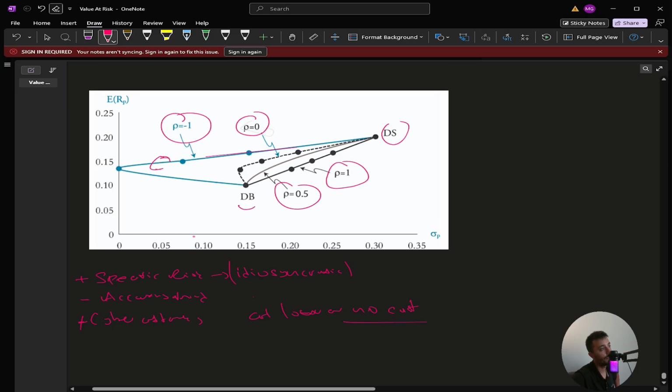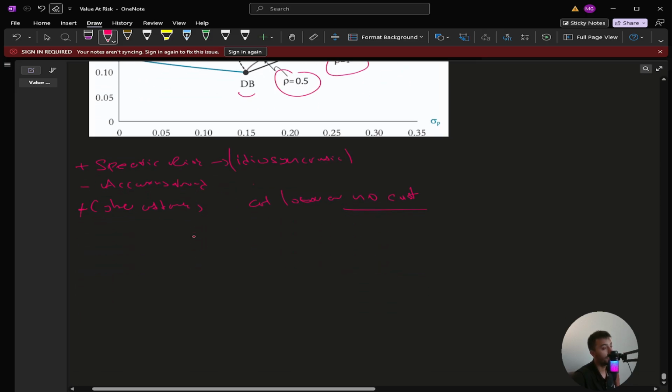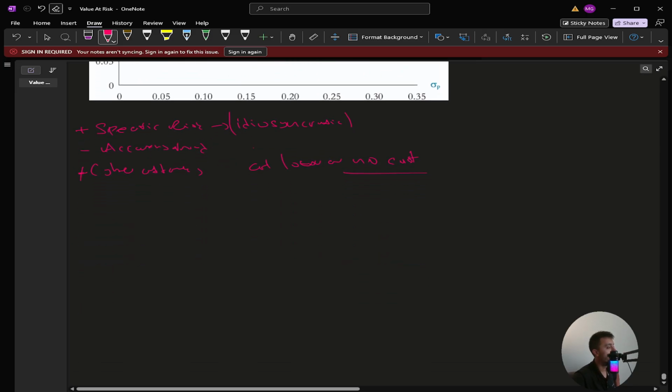I would like to talk about modern portfolio theory. We have the efficient frontier. What does that mean, efficient frontier? Why do we need to have it?